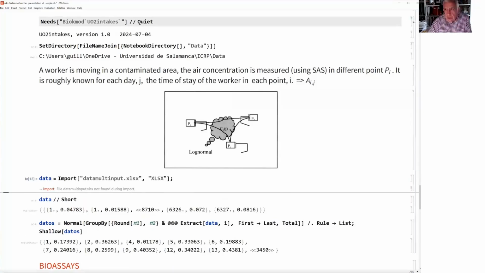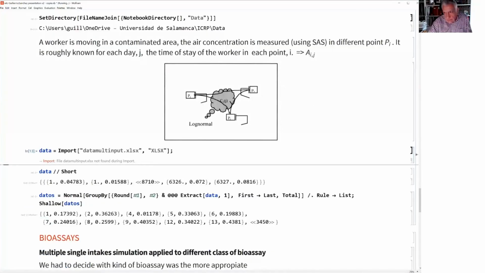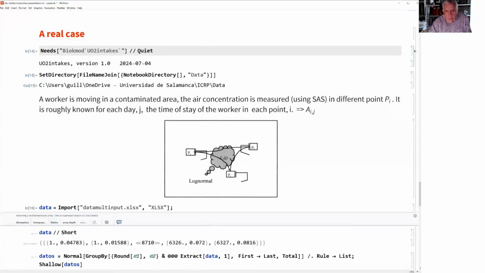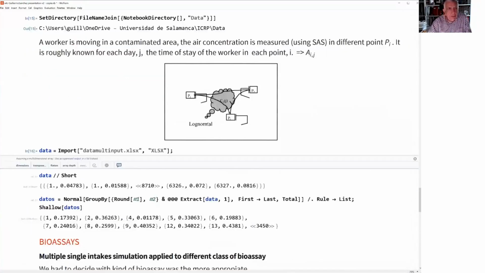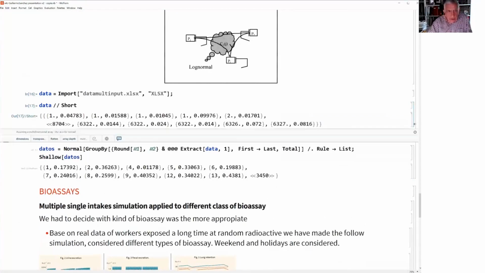Oh, sorry, I previously need to load the data. Finally, the data has been imported. You can see the information included in the file.